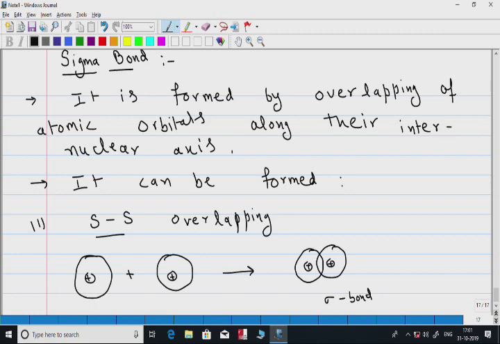Internuclear means along their nuclear axis, an axis which passes through the nuclei. Okay, the overlap is along that axis.